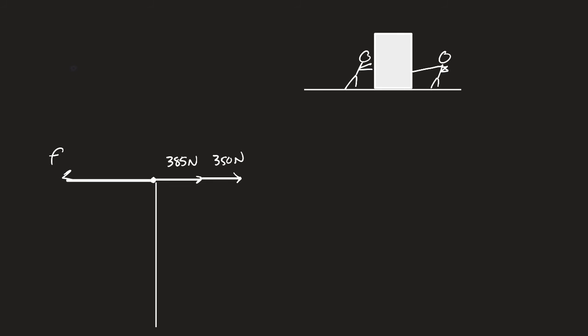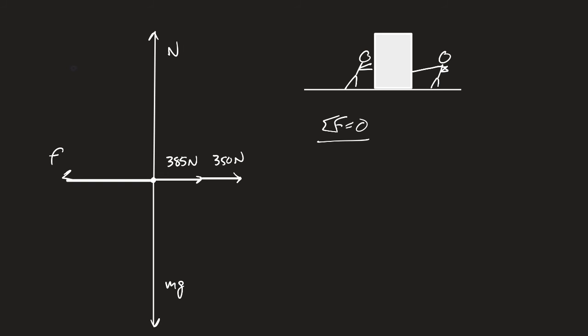I expect it to be the same size as the upward force, but I expect the upward force to be bigger than friction. So I needed to provide myself some space to get mg and normal force in there. But they're balanced, so net force equals 0. So I need to make the up one equal to the down one and the right one equal to the left one.